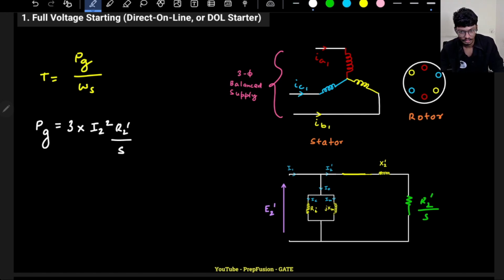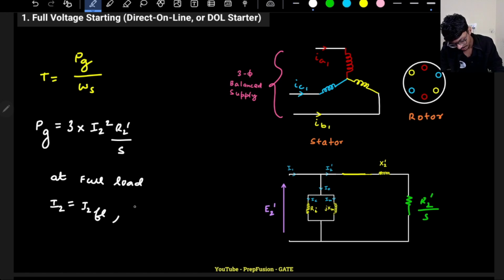At full load, because I want to compare the full load torque and the starting torque and the full load current and the starting current, I2 will be equal to I2FL, or I can directly write this as IFL only, that does not make any difference.